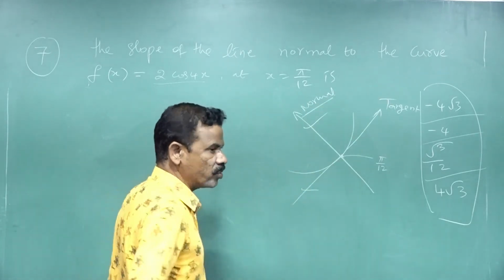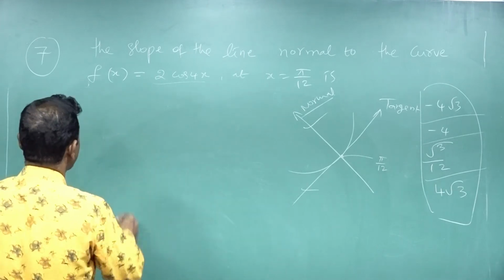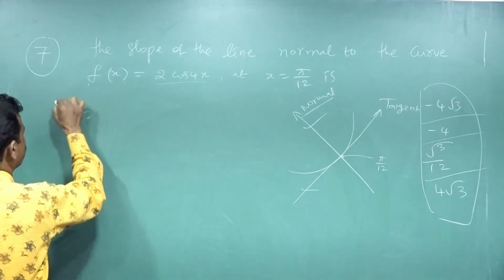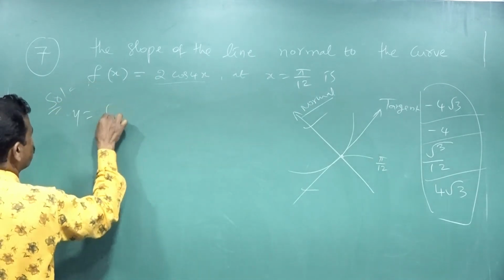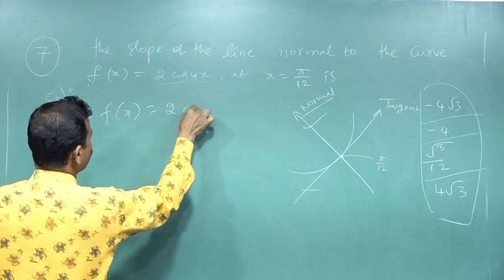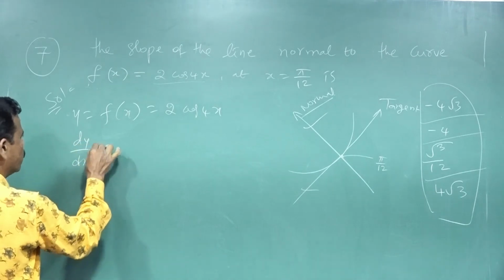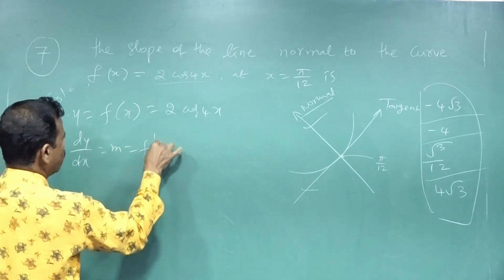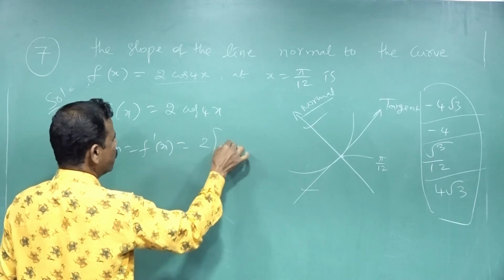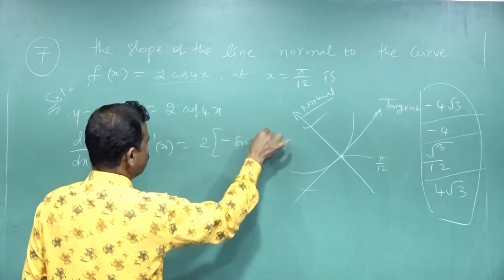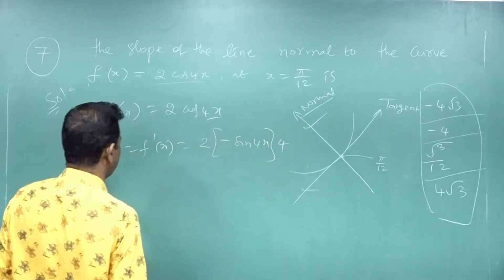So this tangent slope is the dy by dx. So here y is equal to f of x is equal to 2 cos 4x, given. So dy by dx, find. This is the slope, f dash x is equal to 2 as it is, cos 4x is minus sin 4x, again 4x derivative 4.